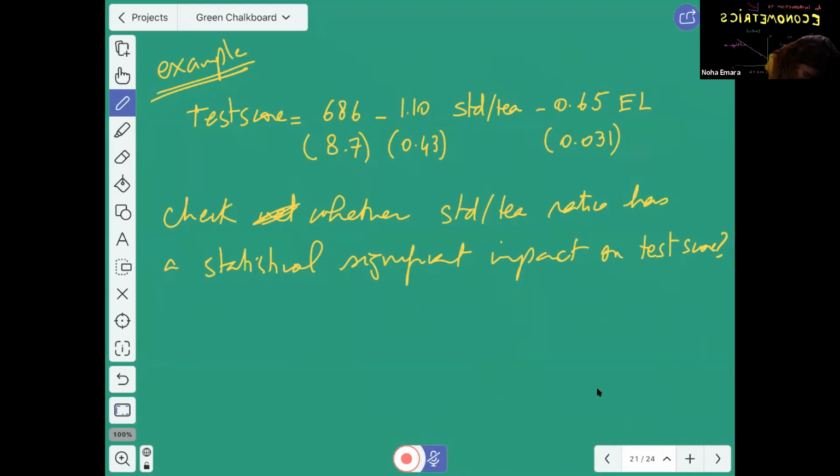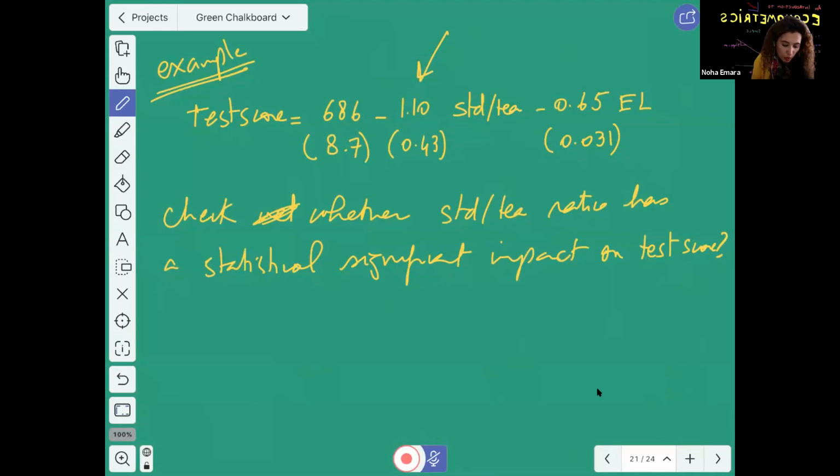What I can see is just a number. We analyzed that for each additional student per teacher, the test score drops by 1.10 points. But whether this 1.10 is statistically important or just coming by chance, or if I repeat this experiment 100 times, will I get around this number?